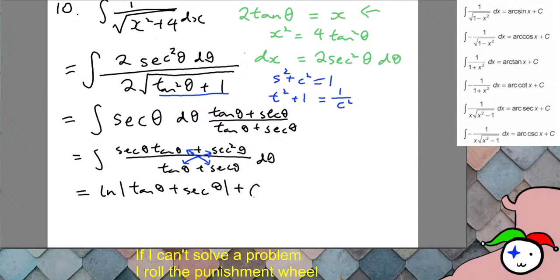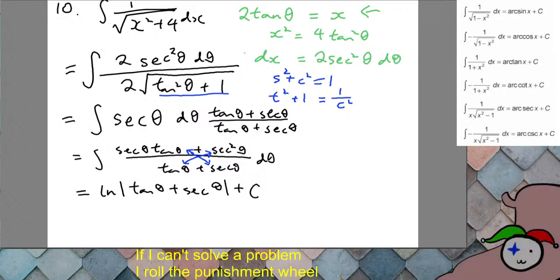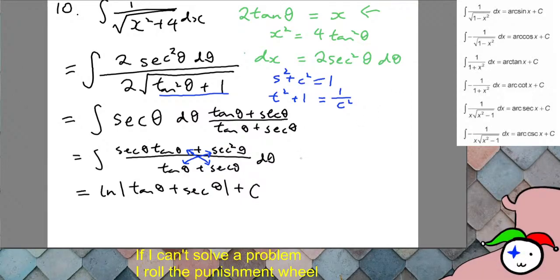So obviously this is an over, because we know that tan theta is x over 2, but we need to solve what is secant theta. So we know that tan square theta is x square over 4, and we know this is secant square minus 1.